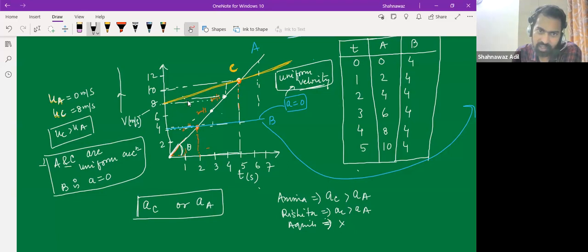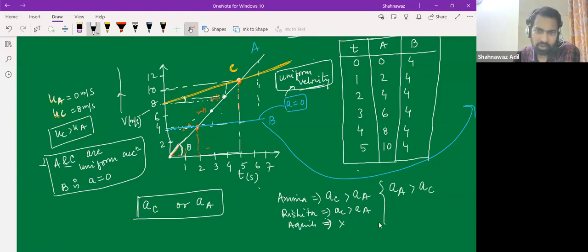Which angle is bigger? Yes, Rishita and Amna. Which angle is bigger? Theta. This theta angle is bigger, right? So which means that acceleration A would be greater than acceleration C.